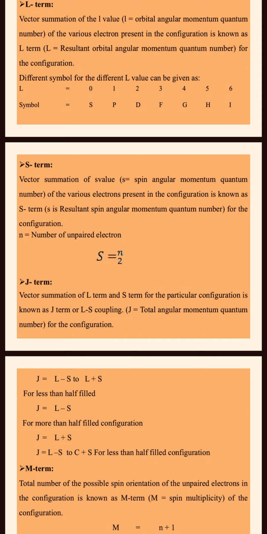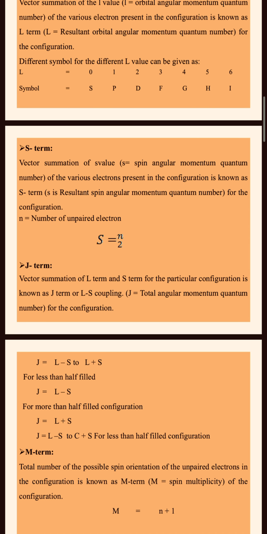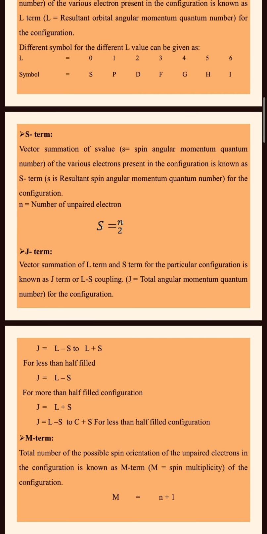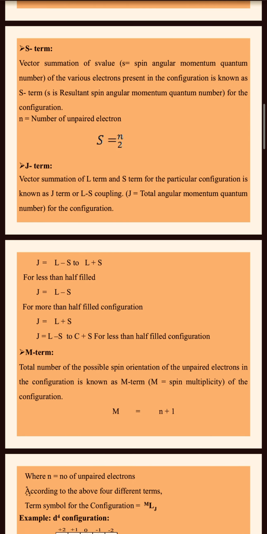So if we consider a p2 configuration, we know there are 2 unpaired electrons, right? So the S will be 2 by 2, which means 1. Then the J term corresponds to the total angular momentum quantum number, the LS coupling term.